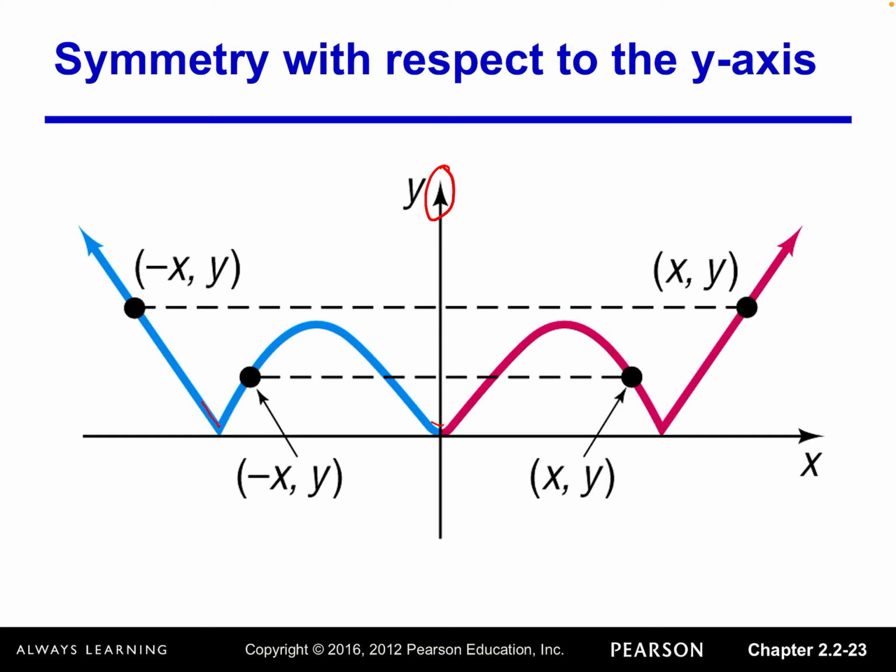That is the time we say the graph is symmetric with respect to the y-axis. If you notice, every point on one half and its symmetrical point must have the same y coordinates, but the x coordinates have the opposite sign.